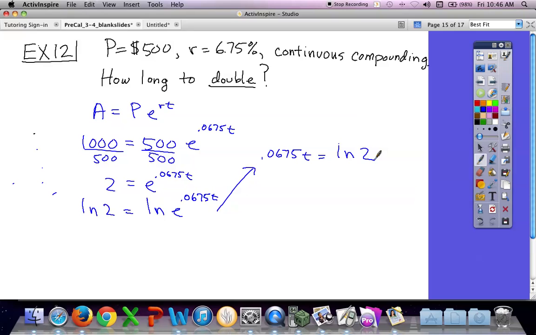So still haven't solved for t. What should I do? Divide by 0.0675.